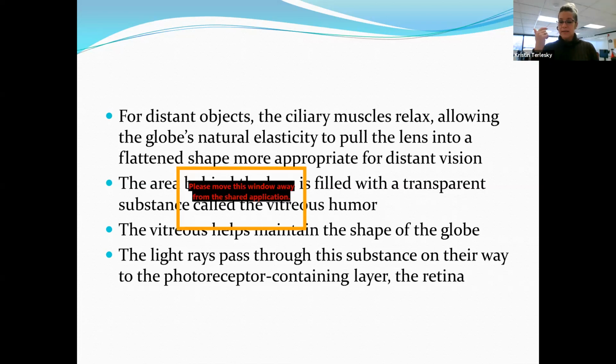The light passes through that on its way to the back of the eye, and that's where a lot of your vision is going to be produced. So if you choose the vision pathway, again, I'm going to give you these steps, and once you get past this vitreous humor, that's where all kinds of crazy stuff happens, and it gives signals to the brain, and you actually are going to see, and that's part of that visual process.